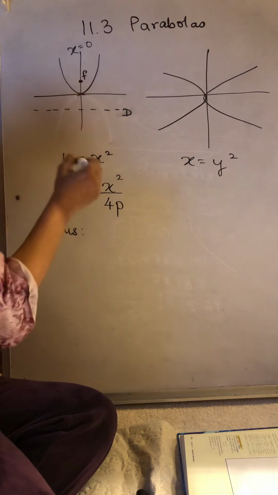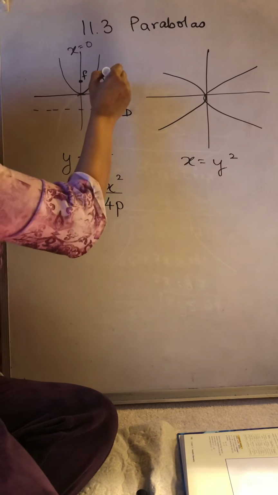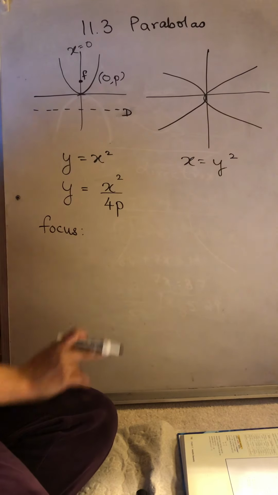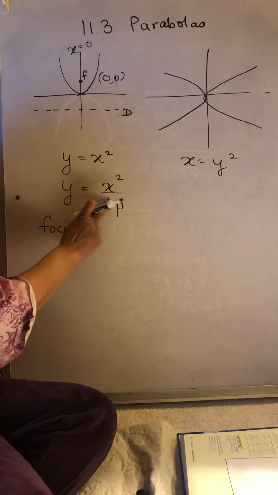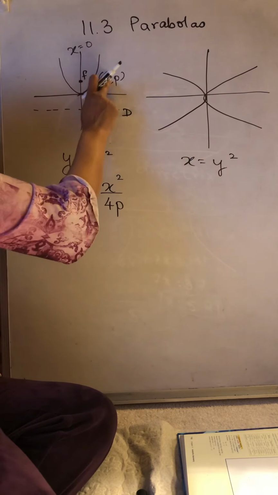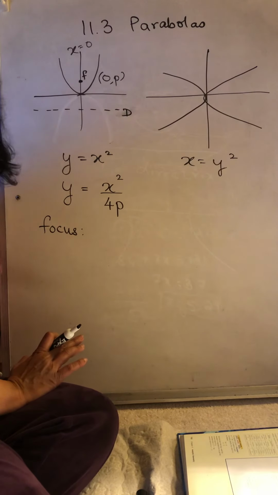So this focus, the point, obviously the x is 0 and the y coordinate we call p. So if I am given an equation, automatically based on the equation, I know what p is. The focus is (0, p).